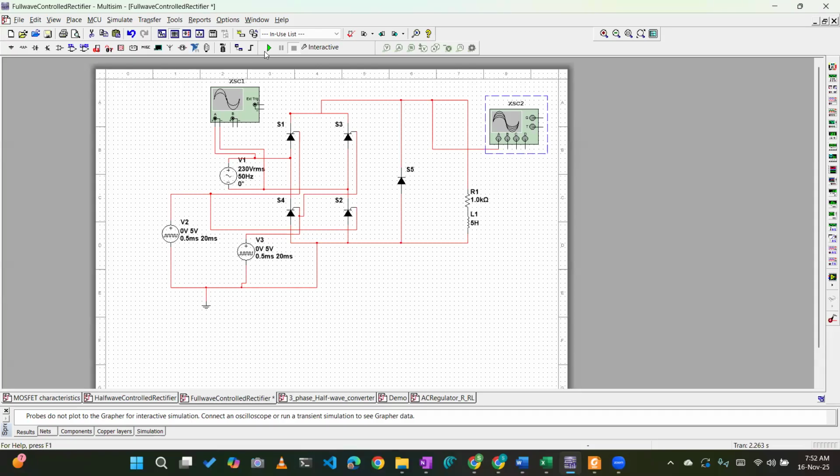Now suppose you are asked a few other things. You see, what is the conduction angle of, now suppose you want to see the current anywhere here for any thyristor. So what is the current in this thyristor?